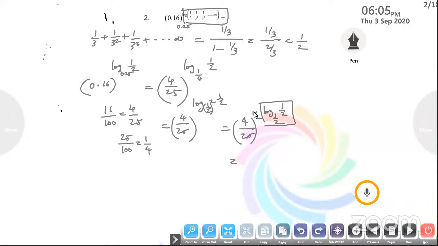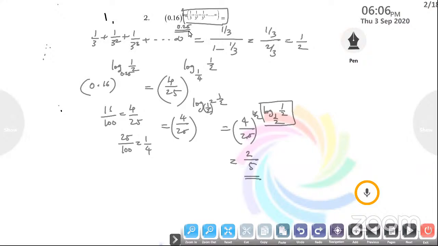Therefore, 4 by 25 whole power 1 by 2 is nothing but 2 by 5. We have taken the base as 0.25, so we got the answer as 2 by 5. So the students who wrote the exam, they know what the base of this actually is. There may be a numerical mistake. This is a very simple question using progressions and logarithm properties.